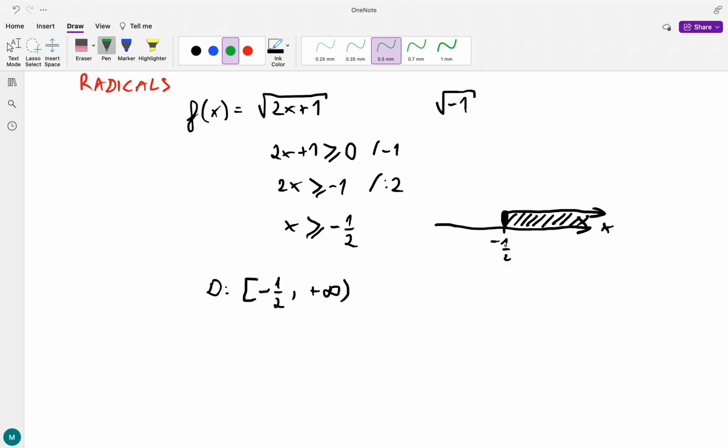Draw a number line and select all of the numbers that are greater than that number, but also including the number that we found for x, because we can have 0 underneath the radical. This sign indicates it, okay? And then once again, you can put it in the interval notation, but do not forget to use the brackets to indicate that the first number can be included in the function. Range is next.